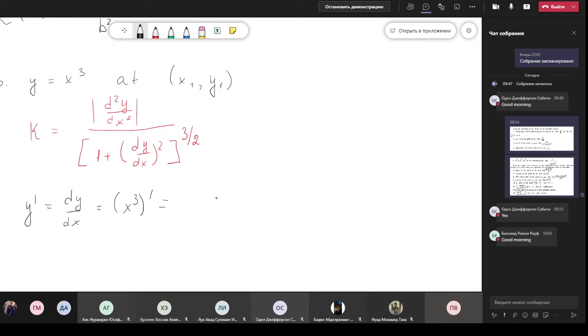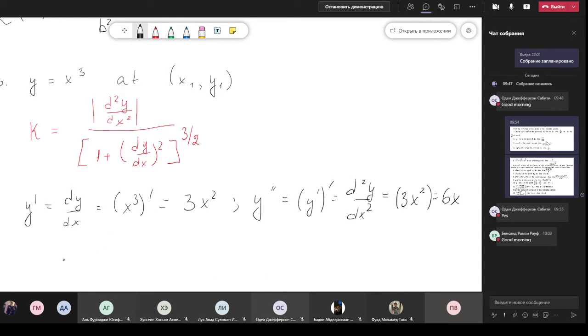Derivative of x cubed is 3x squared. y second prime, derivative of y prime, or the second derivative in the formula. We have derivative of 3x squared, or just 6x.